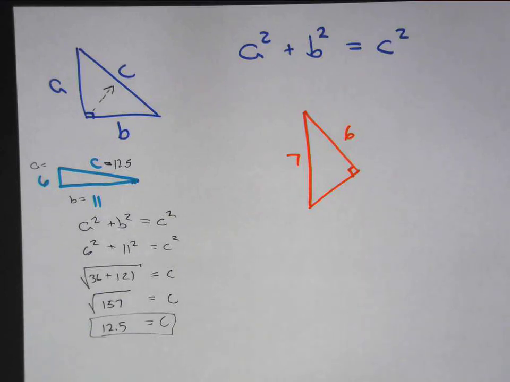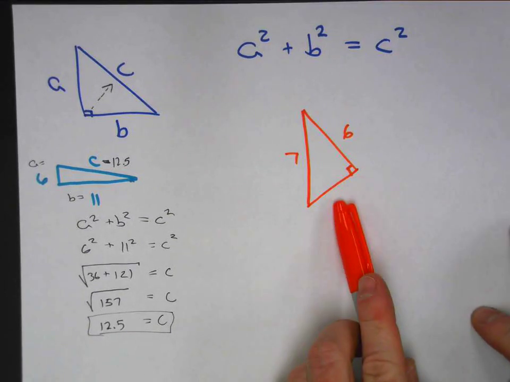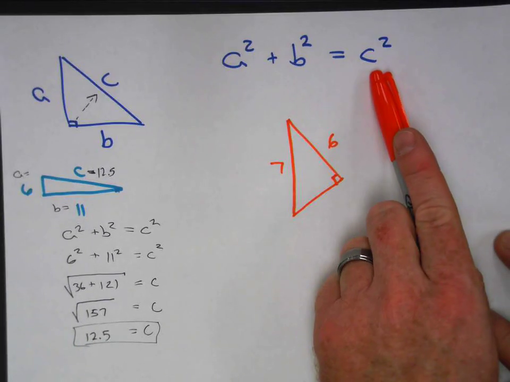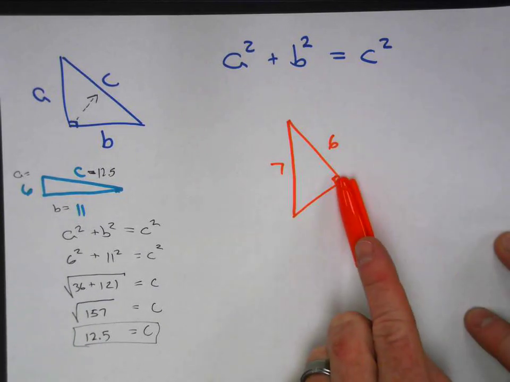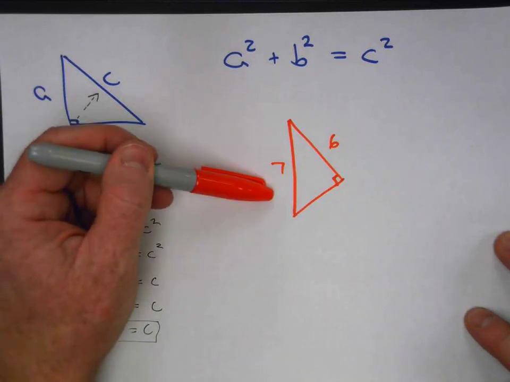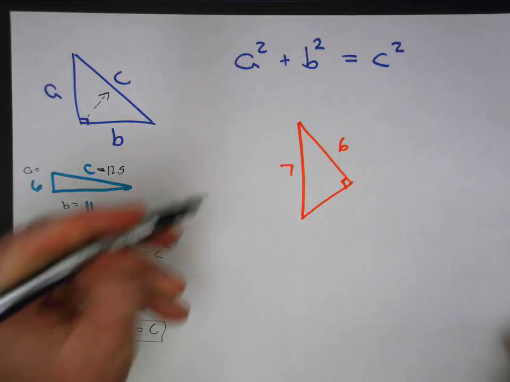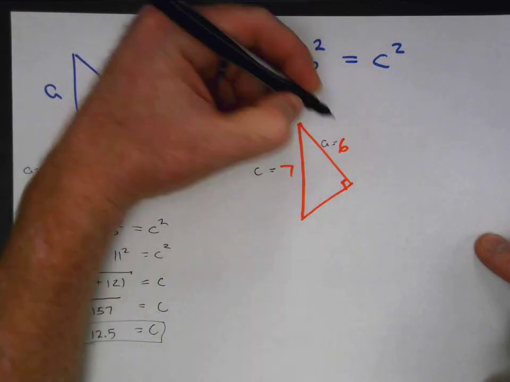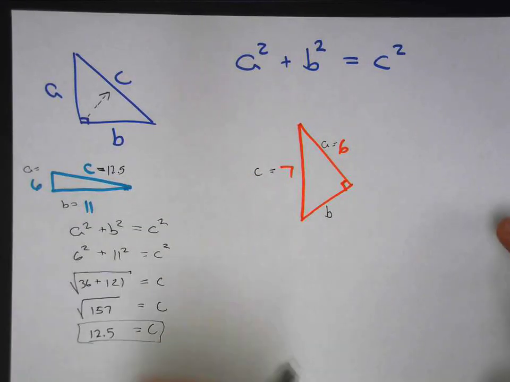All right. So is this side C? Well, no, because C is usually the hypotenuse, the way this is written, and the hypotenuse is the side opposite the right angle. So here's C right there. We can call this one A if you like, and that means this one could be B.